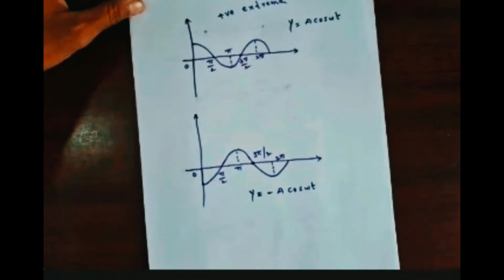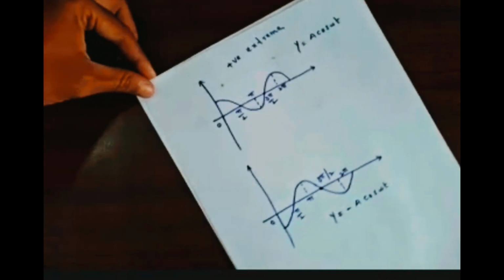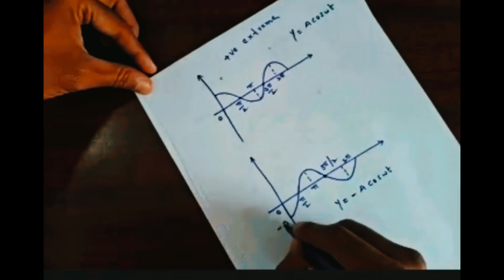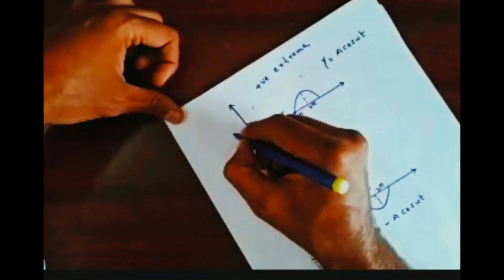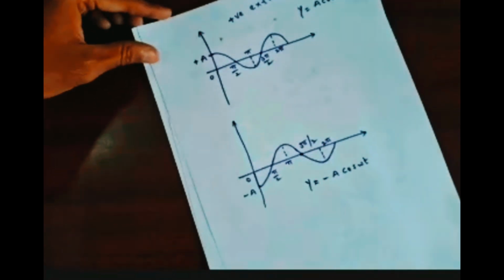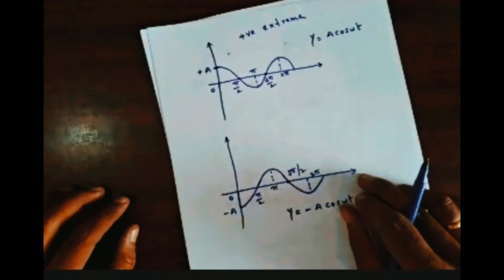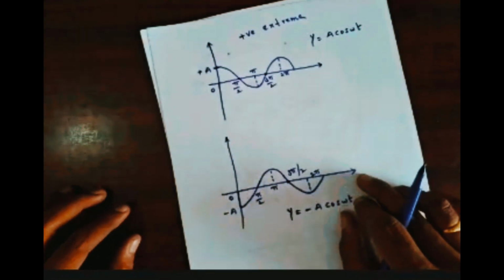When the particle moves from negative extreme position, y is equal to minus a cos omega t. It means this is minus a, the negative y-axis. This is the positive y-axis. That's why this part is plus a. So like this, we can consider the negative as well as positive extreme positions. If the particle started from the mean position or extreme position, this is how we consider it.